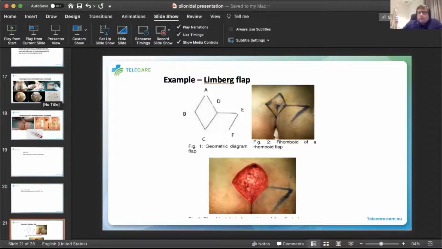There's lots of published literature on this. The published literature suggests that the patients that have the best outcome, if they have a large wound made, are those that have a flap-based reconstruction of the wound, and that the flap that has had the best outcomes with the lowest rate of flap complications for this particular condition is the rhomboid or Limberg flap, which is basically constructed the way I've depicted in those images.